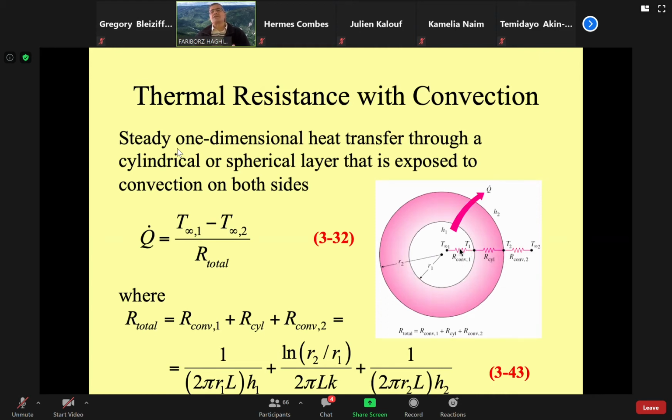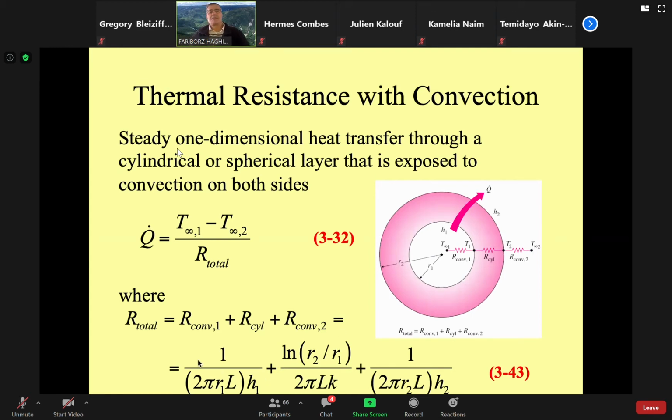This is heat transfer coefficient h1, and this is heat transfer coefficient h2. But keep in mind, please, that the area here refers to the area of this part. Therefore, we are dealing with this radius here, and on the other side, I'm dealing with the area at r2.